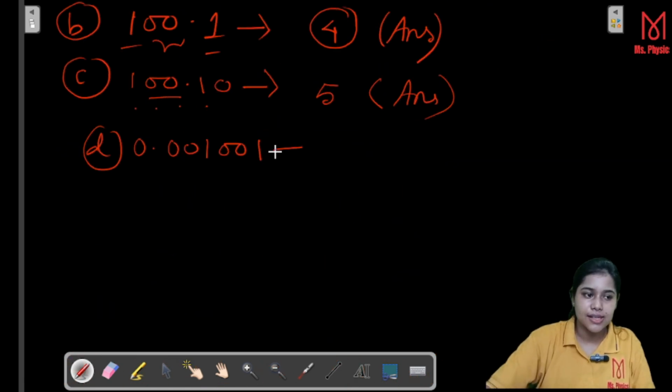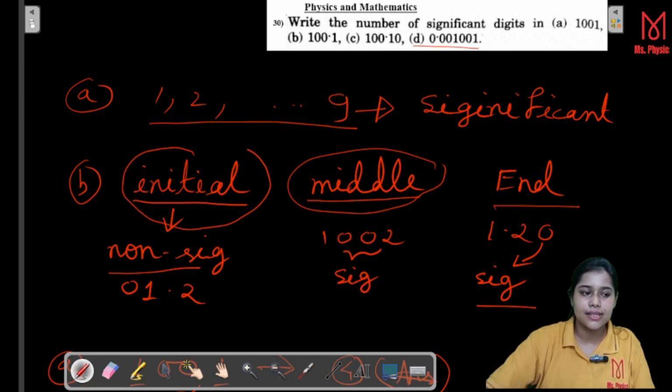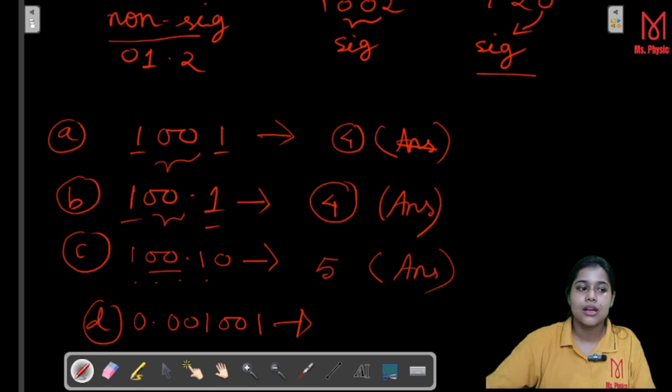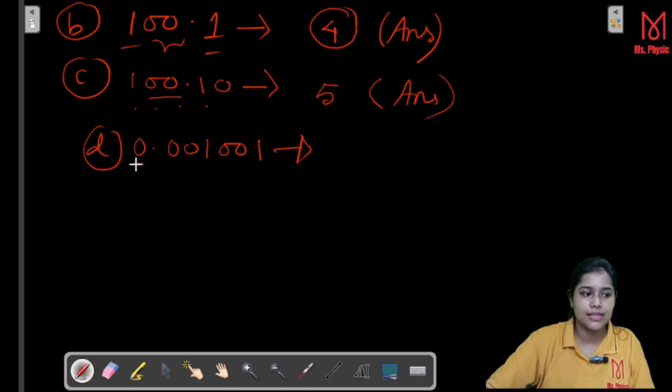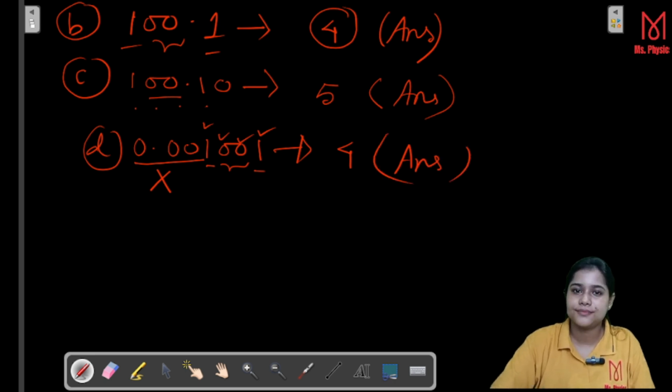So here you see that as per the initial rule, since zeros are placed at the initial place, they will be considered as non-significant. That means these three will be considered as non-significant digits. But here 1 and 1, in between them two zeros are there. That means how many significant digits are there? 1, 2, 3 and 4. That means the answer is 4. So this is the answer. Clear?